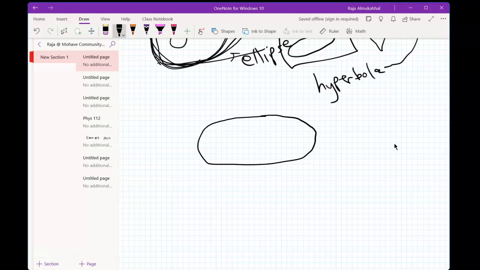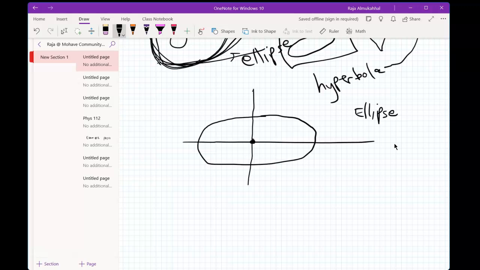Imagine that I have X and Y on it, the XY coordinate. Okay. This is the center of the ellipse. Let me just write it down. So this is the center of the ellipse.